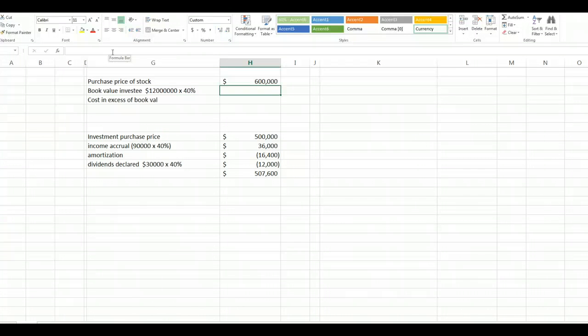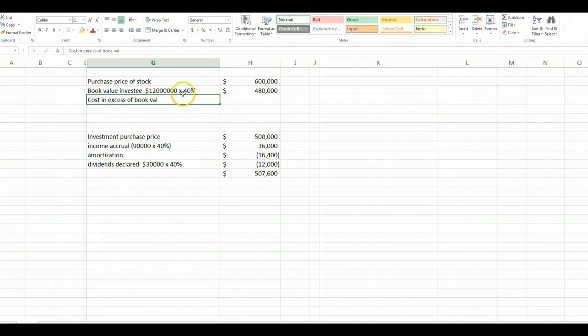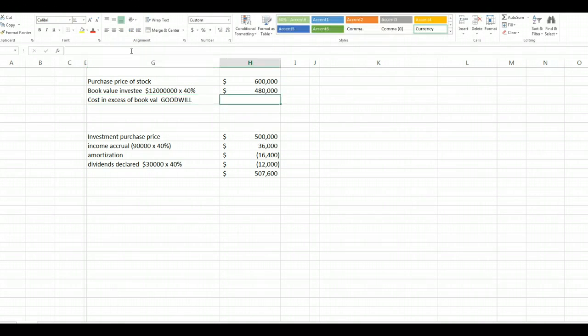What would that be? 480. Now the excess of cost over book value is actually going to be called goodwill, and that is going to be 120.